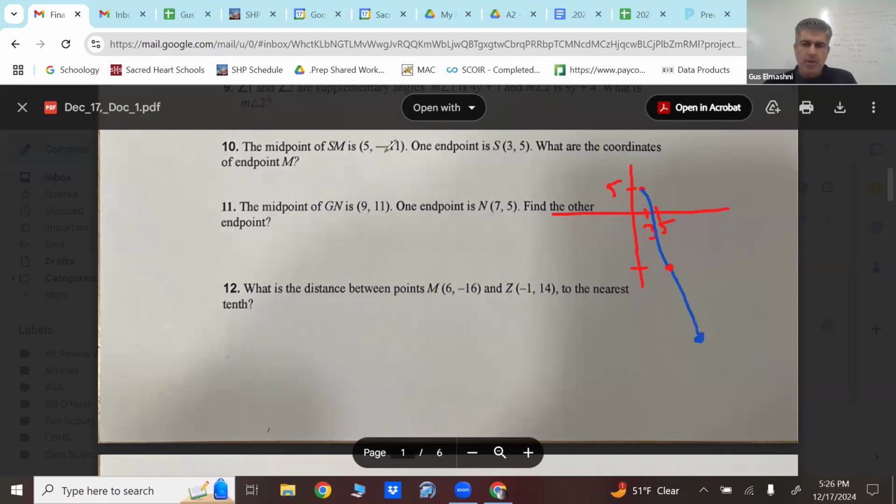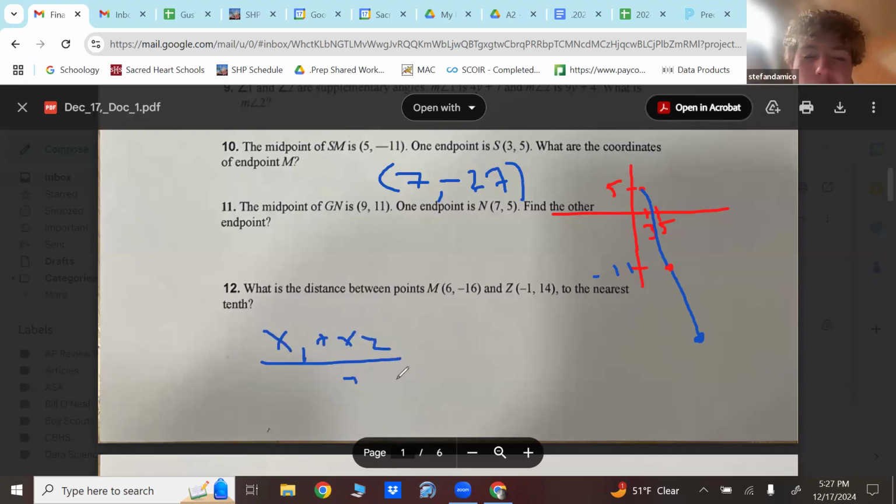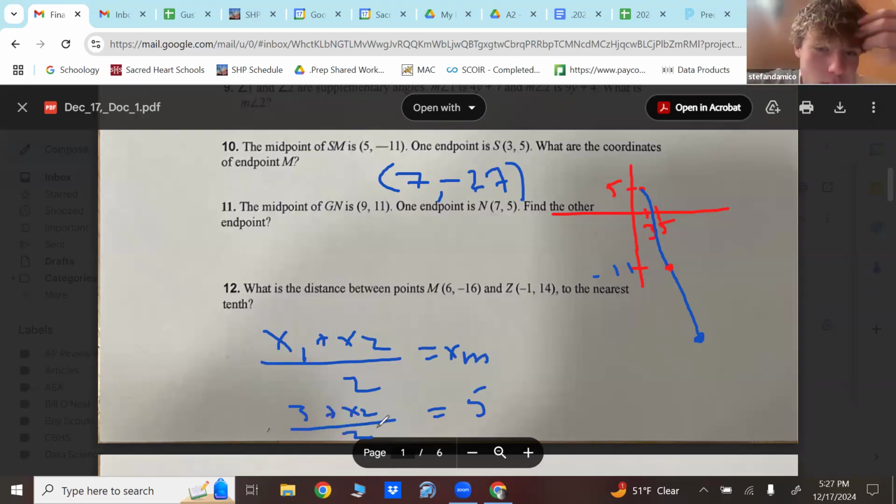So if you think about it, you're going two right and another 16 down. So you don't have to use formulas. You can just sort of draw it. And if you use formulas, it's going to be x1 plus x2 over 2 equals your midpoint. Your midpoint, of course, is 5. So 3 plus x sub 2. Solve for x sub 2, you should get 7.